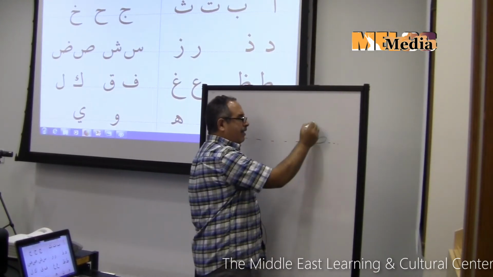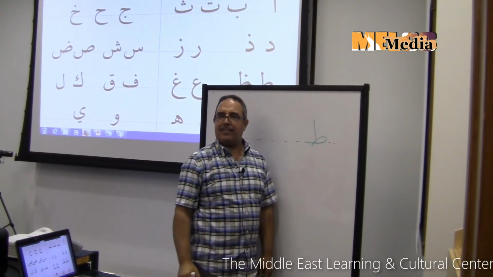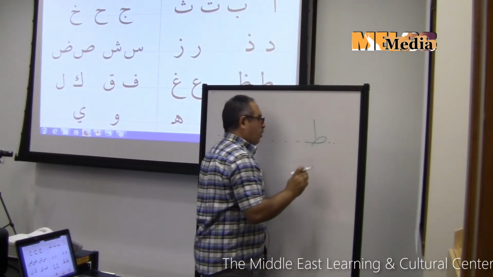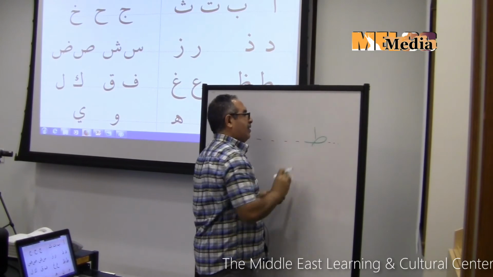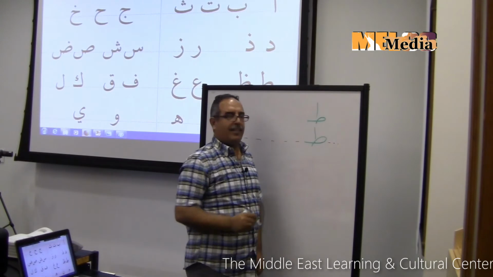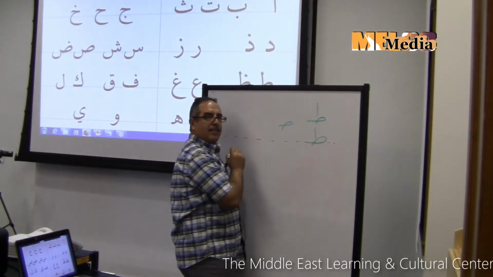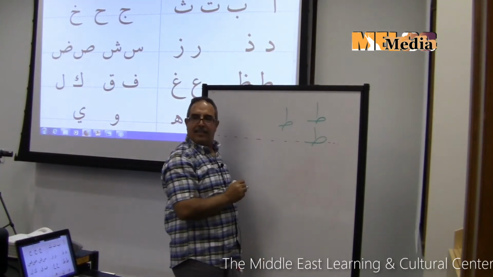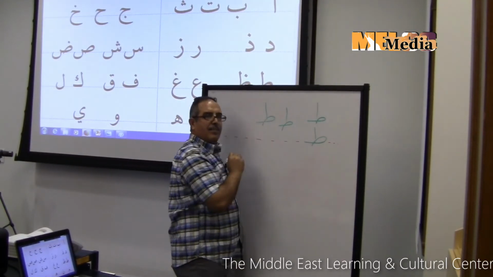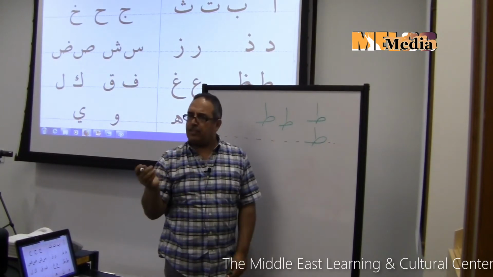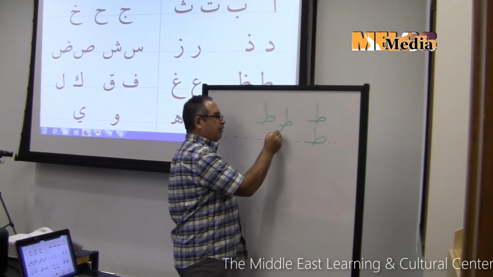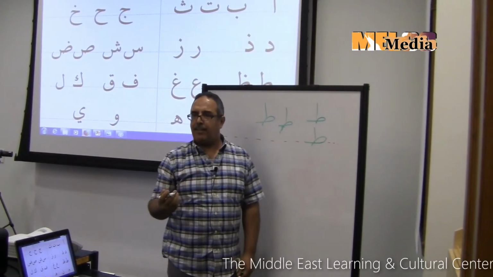Like that. And then alif on that. Right? Ta. That's how you write it. If this alif touches or doesn't touch, that's fine, as long as it is close. If you have this down too much or just a little, that's fine.